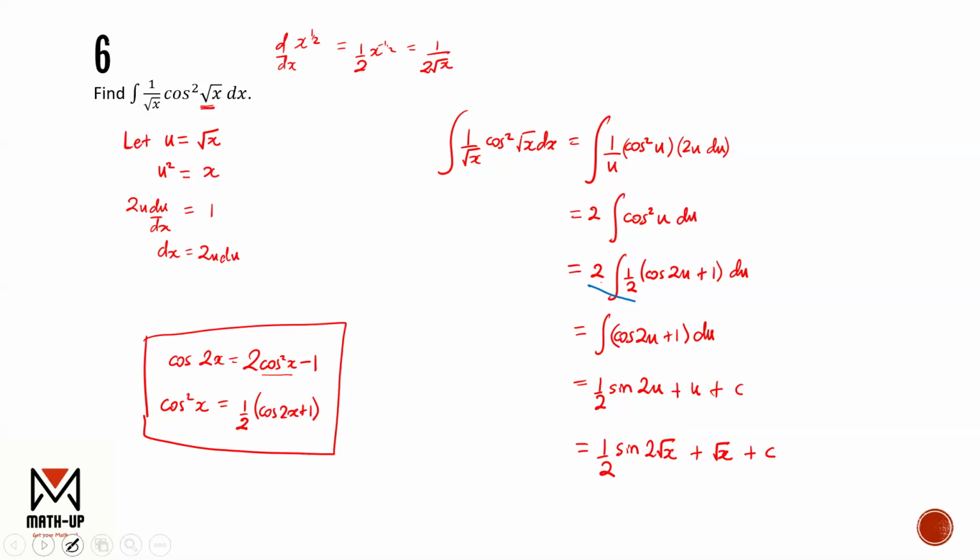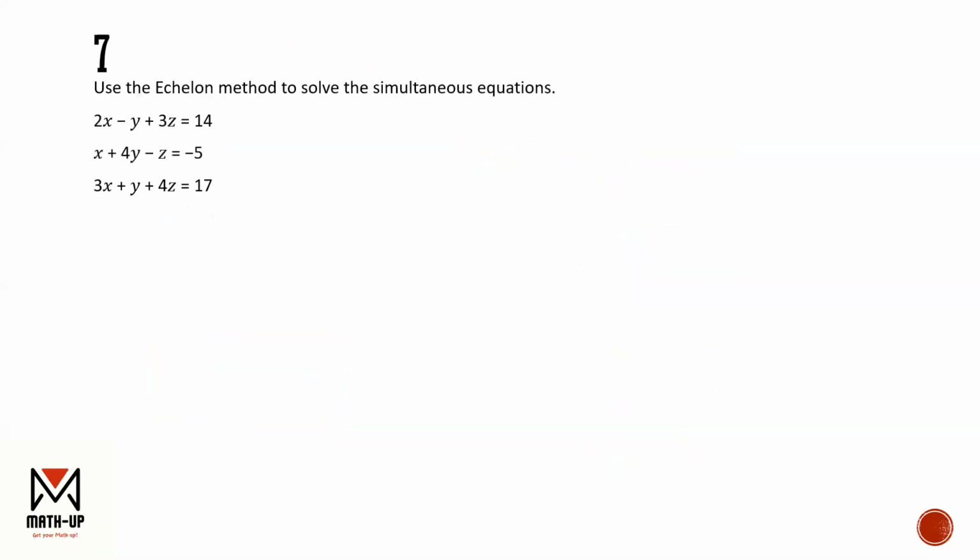Nice. Okay, so we'll move to question 7 then. Yeah, so question 7 is a simple question, simultaneous equations, but you've been asked specifically to use the echelon method. So the first thing you do really is to turn this into matrices, products of matrices. And so the coefficients have actually already been arranged for you. It's x, y, z in all the 3 equations.